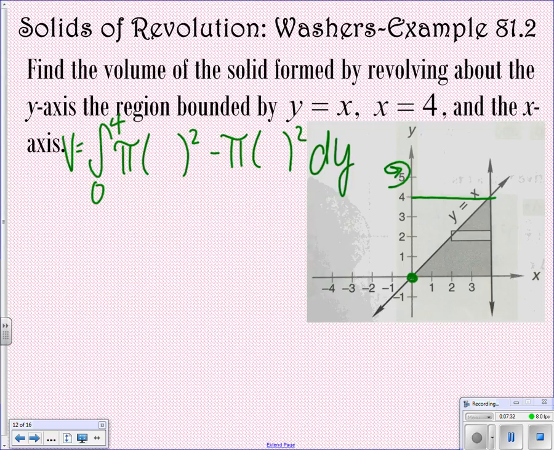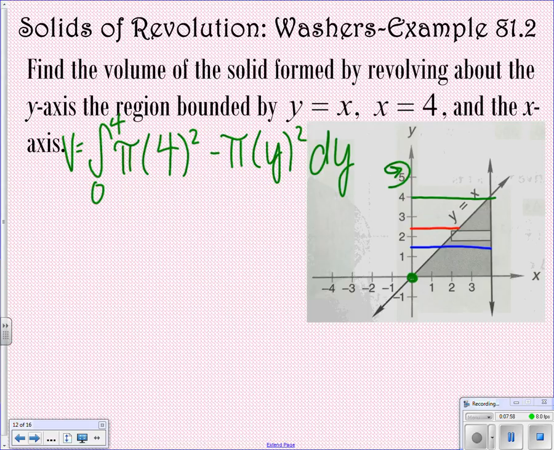Now, our big R is going to be from our axis of symmetry all the way to here, which is just a 4. You can't really put that in terms of y, so it's just a 4. And then our little radius is going to be from the axis of symmetry to the line y equals x. All in terms of y, that just equals y.